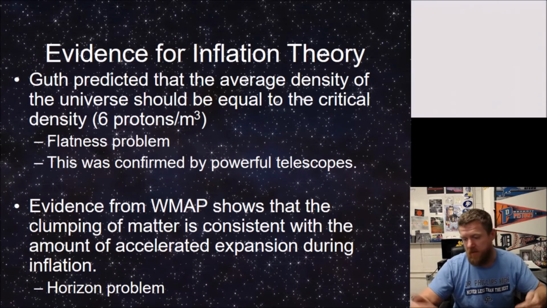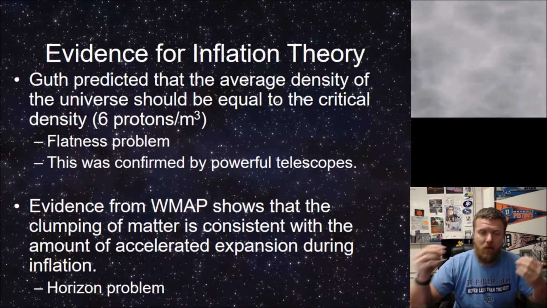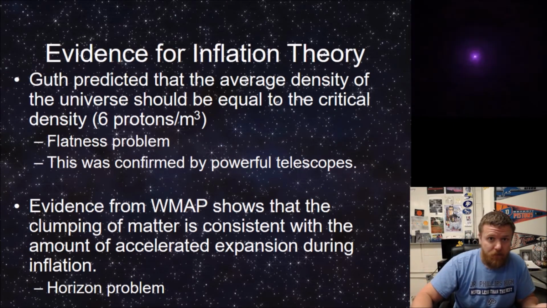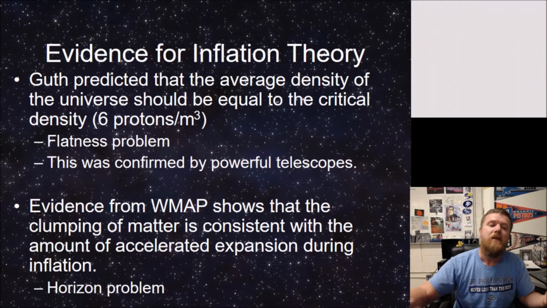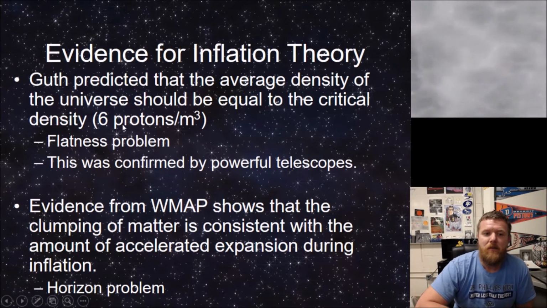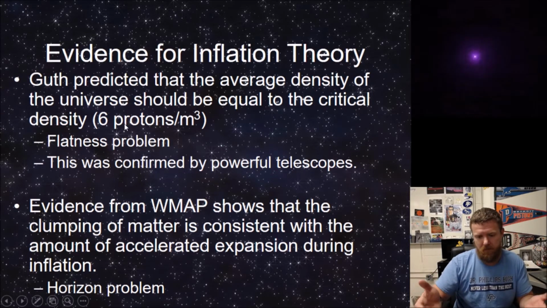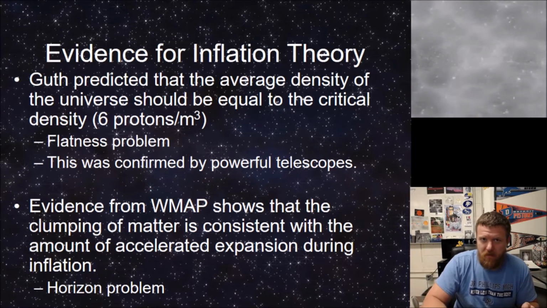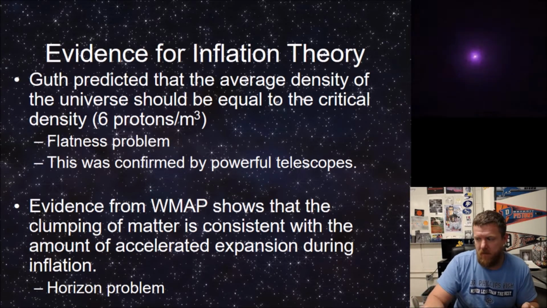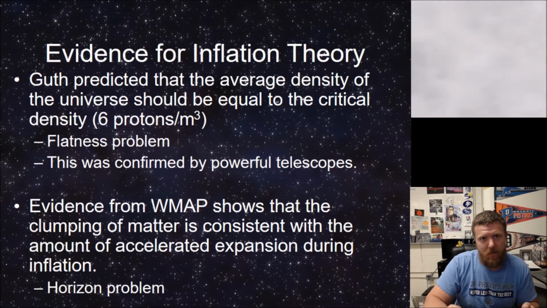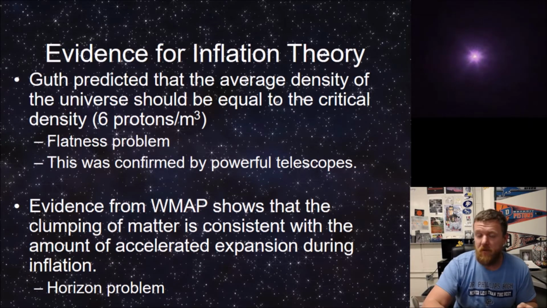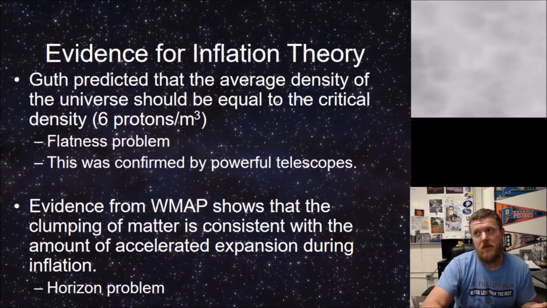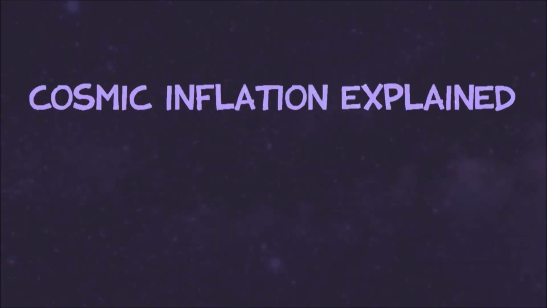When we look out into space and we count up all of the things that we can see versus how big space is, we get that there's about 6 protons in every meter cubed, which tells us that the universe is flat. That's another thing that our brains have a hard time comprehending, and we'll get to it. But observational evidence actually tells us that inflation happened.